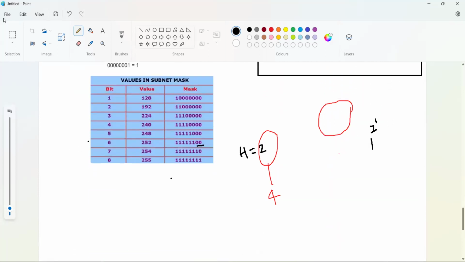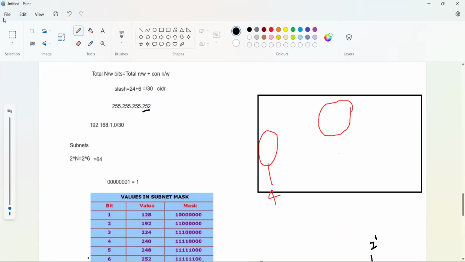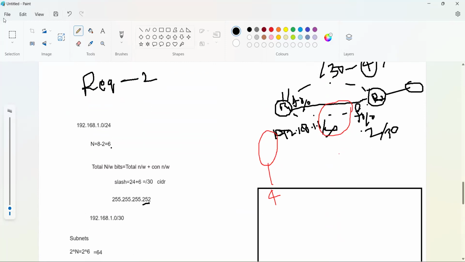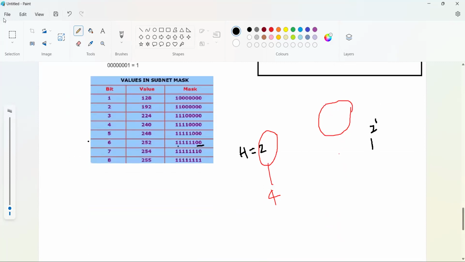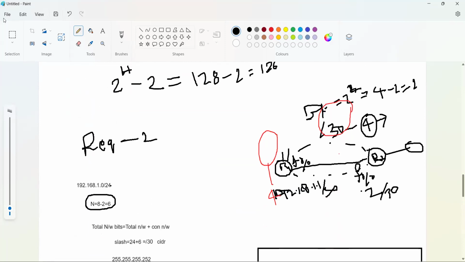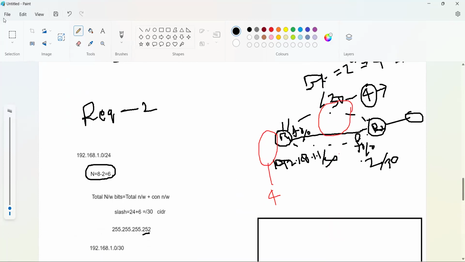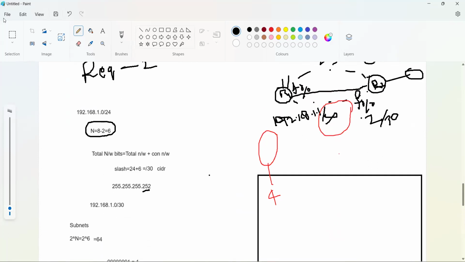These are the network bits: 1, 2, 3, 4, 5, 6. 6 are the network bits. Total bits are 8: 1, 2, 3, 4, 5, 6, 7, 8. 8 bits are there, but 2 are host bits. That I subtracted only, and that is the reason I got the 6.